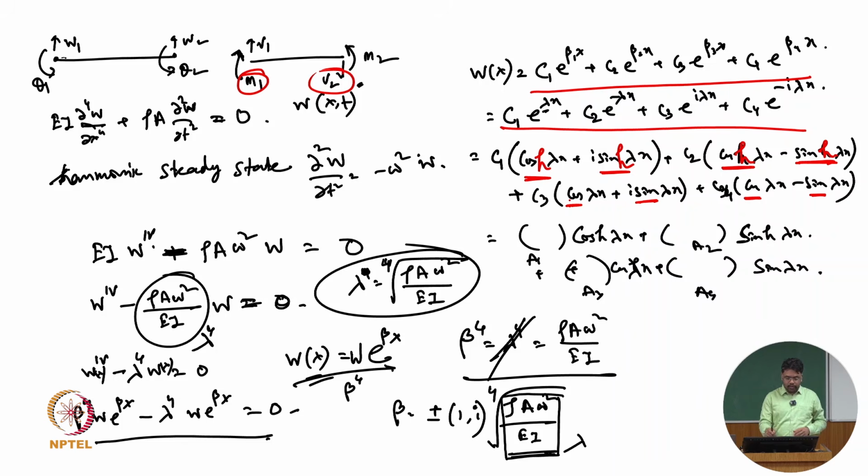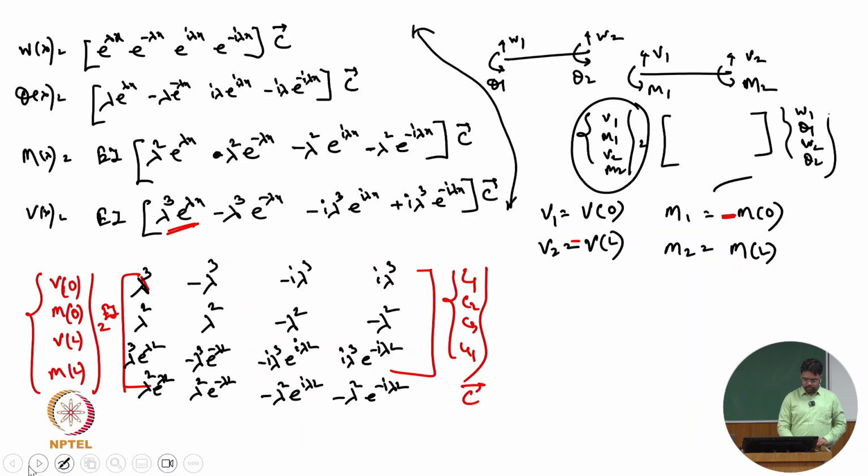Rho, A, and EI are properties of the beam. Omega is the excitation frequency, so we can calculate lambda. Any doubt?